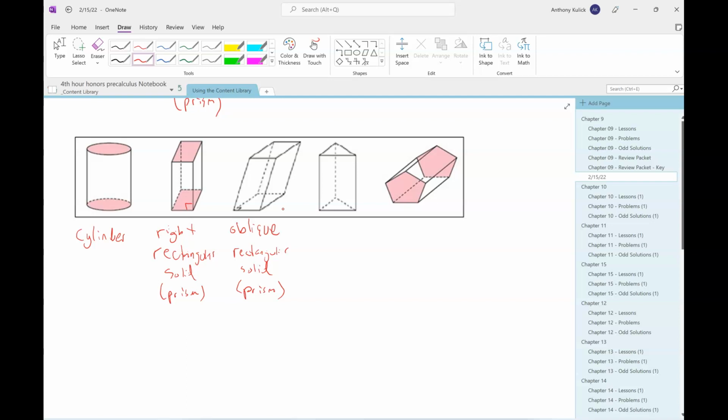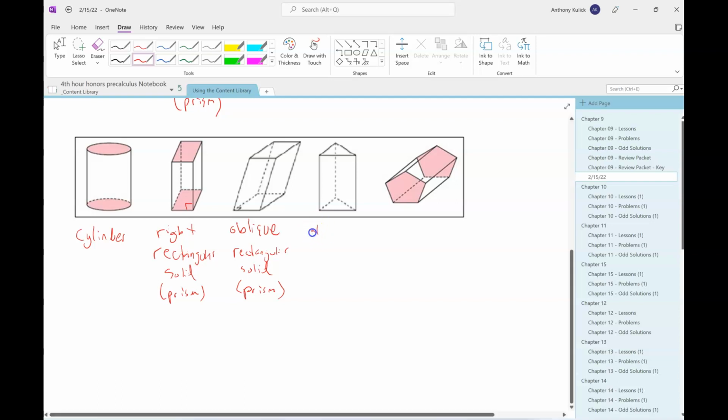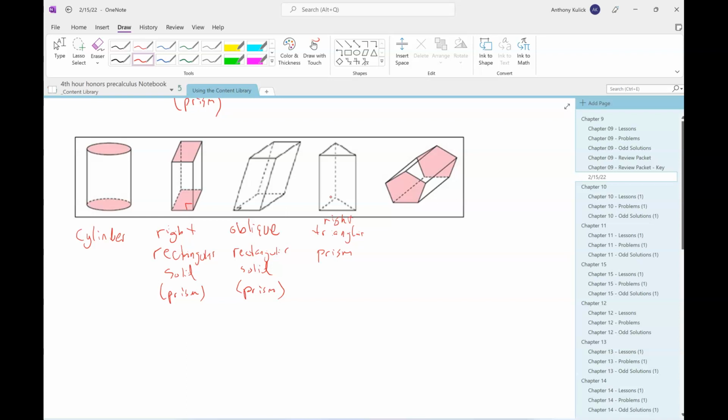Great. The next one, what do we call this? It is another triangular prism. You could be more specific and call it a right triangular prism, if you'd like. Everybody cool with that?